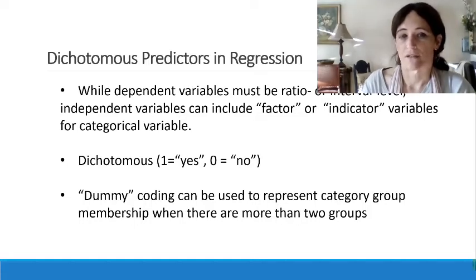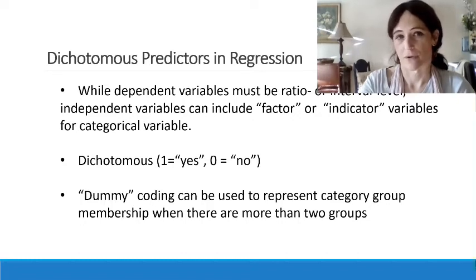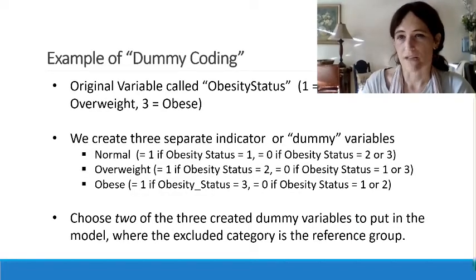We can use what's called dummy coding or indicator coding to represent category membership. So a dichotomous measure, we have this variable representing yes versus no. We can also do that for membership into multiple categories. The strategy for doing so is a little bit more complex. So let's say we have an original variable called obesity status, which technically is an ordinal measure.